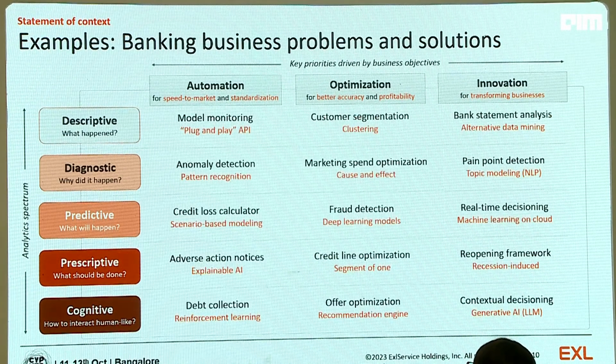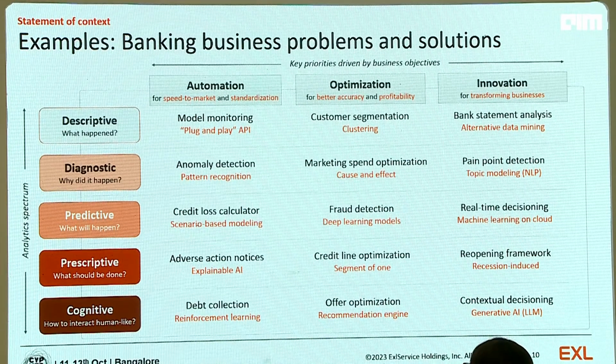So here are a few examples. I'll not go through all of them, just to give you some idea about how they look. And this is for the banking industry, and these are primarily some examples and not an exhaustive list. So let's say you are working on tracking the performance of some statistical models.